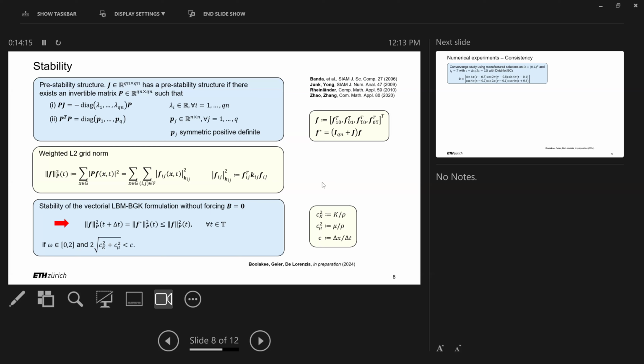One thing we can show is that this holds for omega between 0 and 2, and this extra condition here. So we have again these speeds, C mu, CK, and our lattice speed. This is a standard CFL condition.